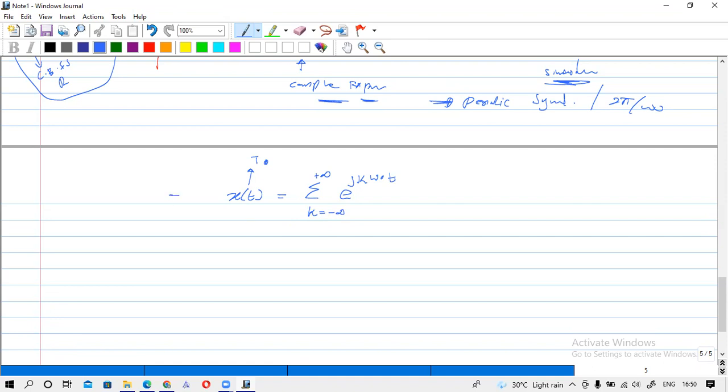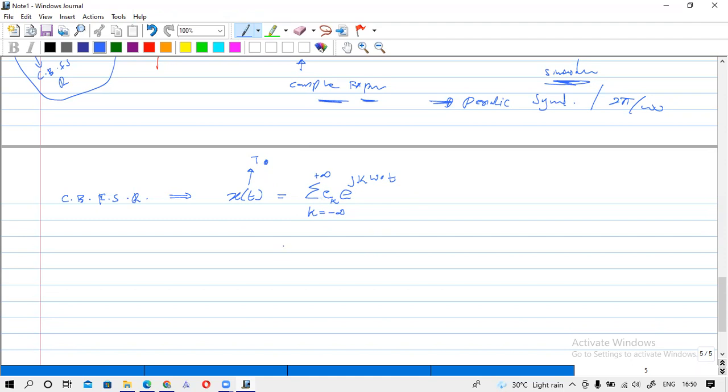So actually this is the Fourier series representation, the complex exponential Fourier series representation. And here there are coefficients also, Ck.